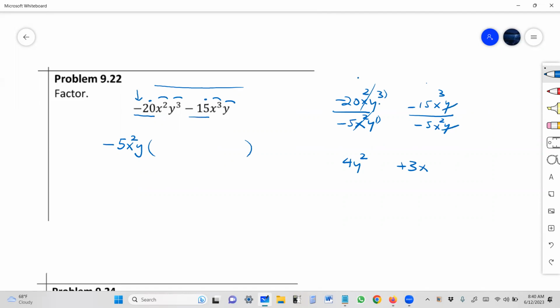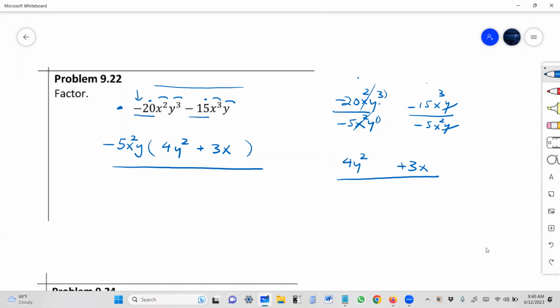And the y's cancel. So this expression, 4y squared plus 3x, will go inside of the parentheses. And this is your final answer, the factored expression of the original problem. So it's very straightforward if you remember the steps.